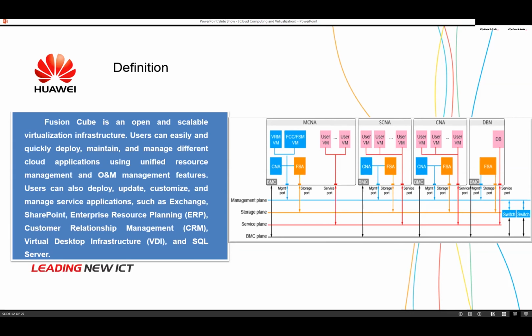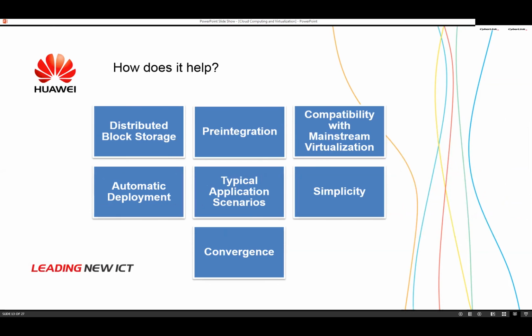What are some main benefits of Fusion Cube? Well, convergence. We have hardware convergence. Fusion Cube integrates computing, storage, and network resources. We have management convergence. It provides a unified management to increase resource utilization and reduce operating expenses.